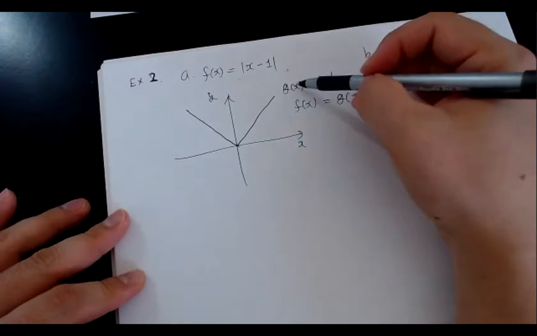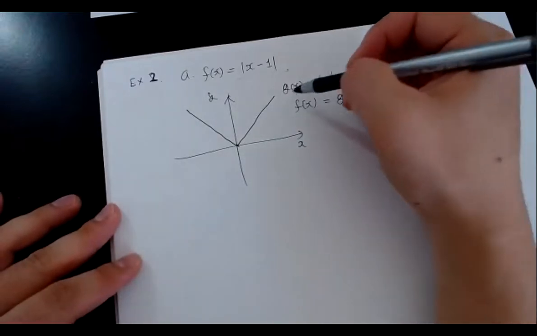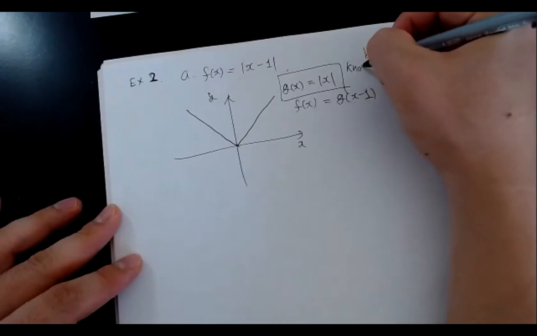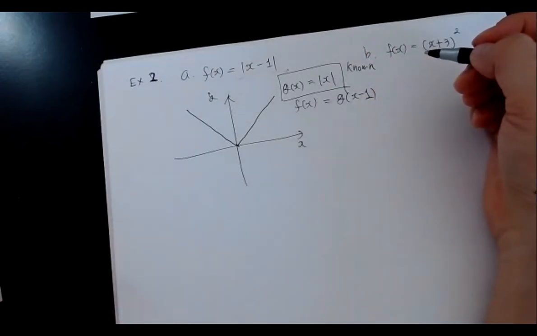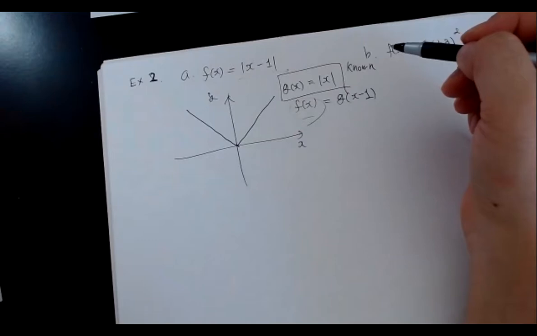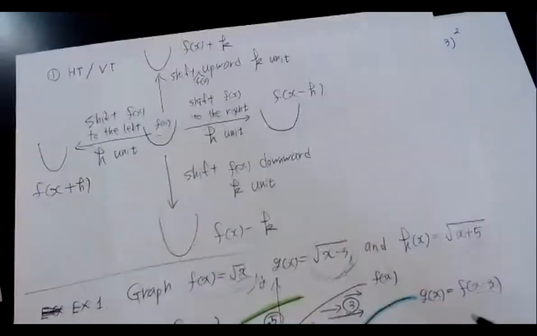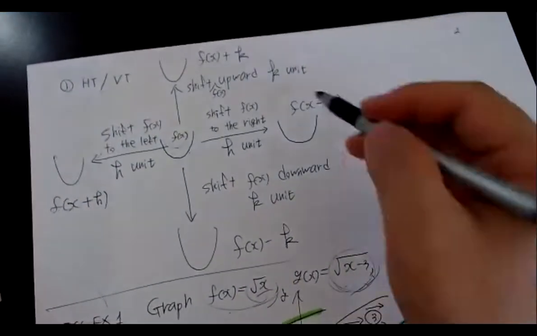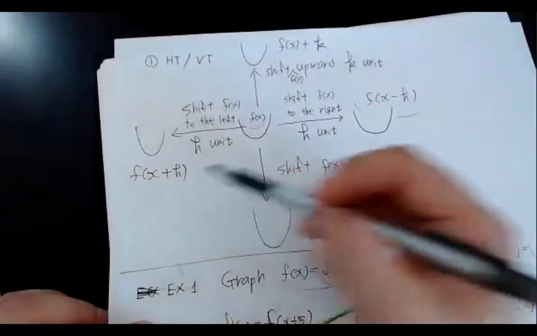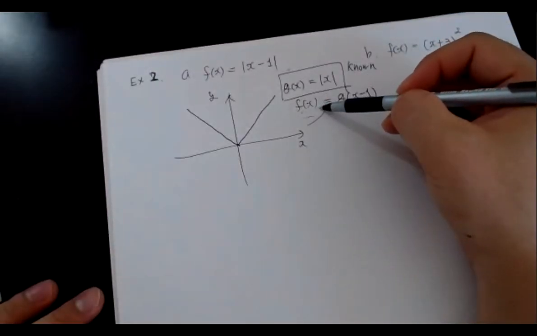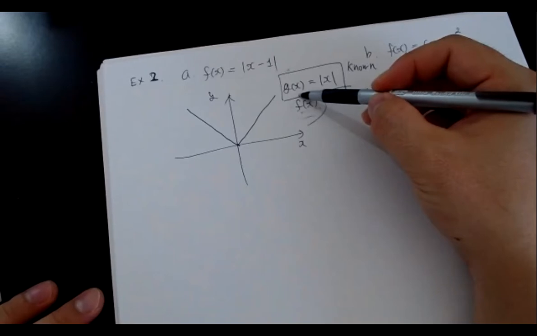We know the graph of g of x, which is the absolute value function. Don't be confused, f and g. This is known. The goal is to plot the graph of f of x using the transformation. To use the transformation, we need to express f of x in terms of g of x, whose graph is known.